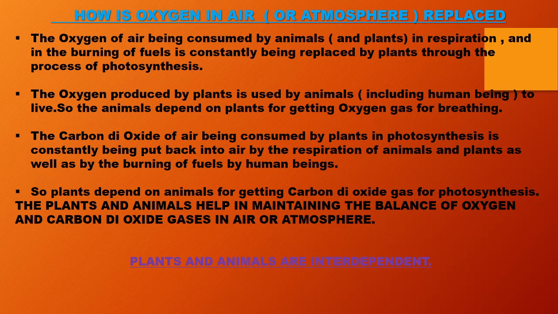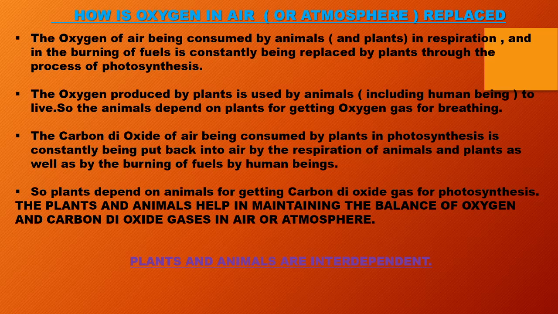Similarly, during the burning of fuels like wood, coal, kerosene, LPG, etc., they use oxygen from the air and produce carbon dioxide gas. So carbon dioxide from both sources, the respiration of plants or the fossil fuel, goes into the air and remains in the air.